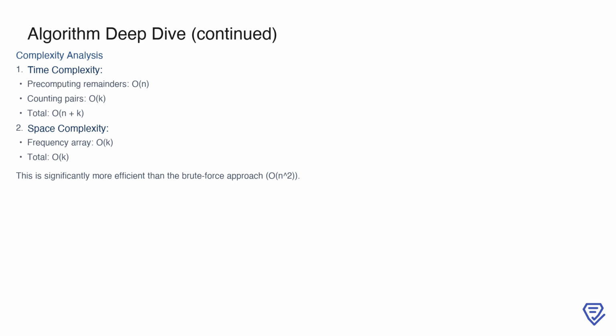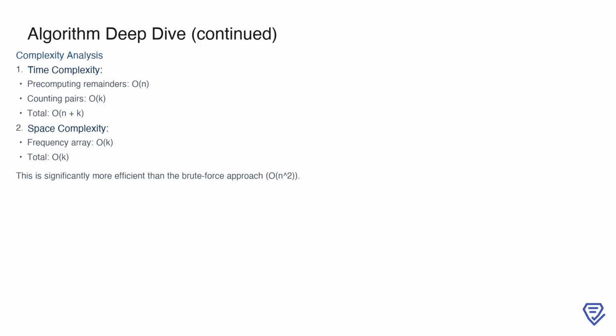Pre-computing the remainders requires a single pass through the array nums, which takes O(n) time. Counting valid pairs involves iterating through the possible remainders, which is an O(k) operation. Therefore, the total time complexity is O(n + k). For space complexity, we only require an array of size k to store the remainder frequencies, resulting in a space complexity of O(k).